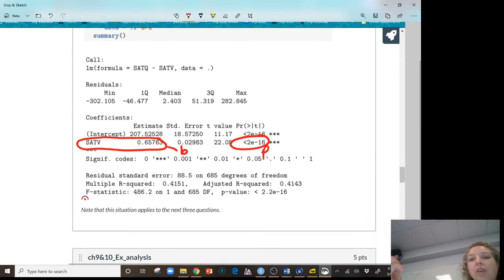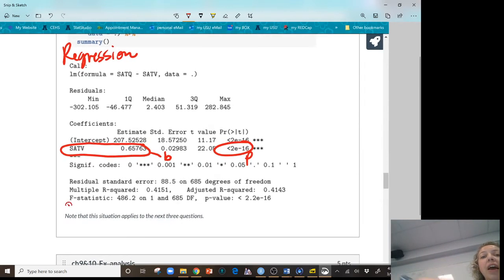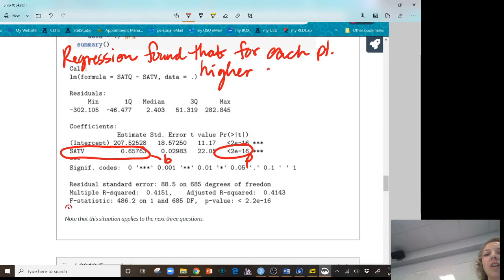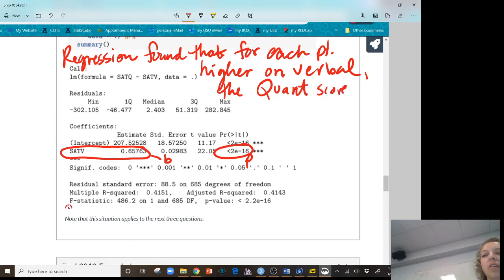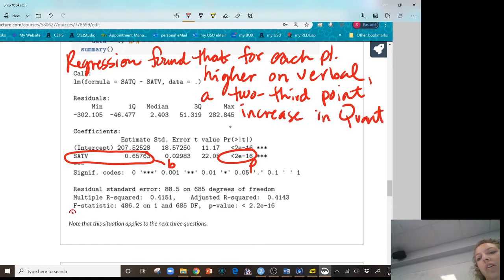And then in regression, you can say it a lot of different ways, but: regression analysis found that for each point higher on verbal, a 2/3 point increase in quant score.